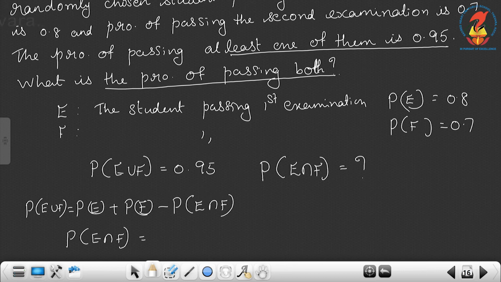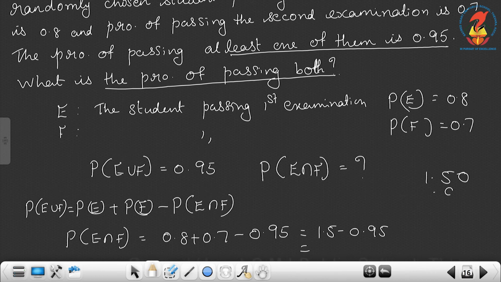P of E plus P of F minus P of E union F. 0.8 plus 0.7 minus 0.95. So, 8 plus 7 is 15, 1.5 minus 0.95. So, it is 0.55.